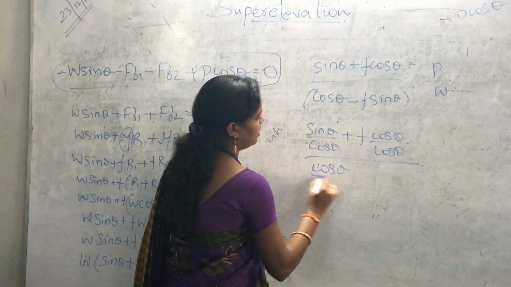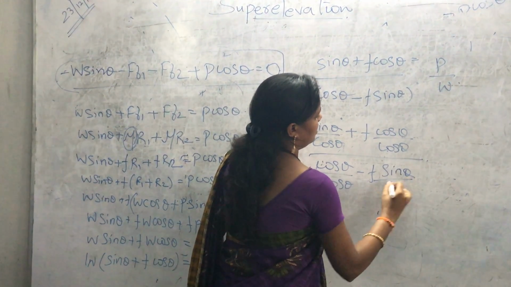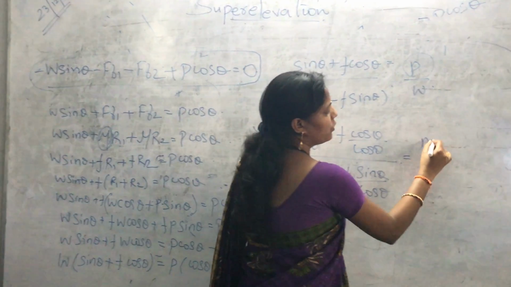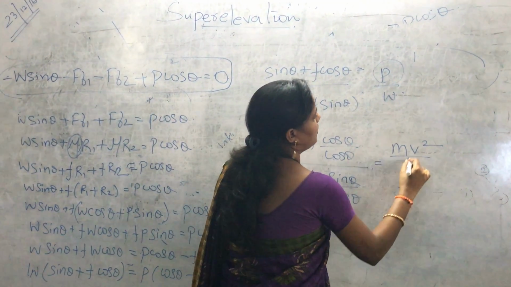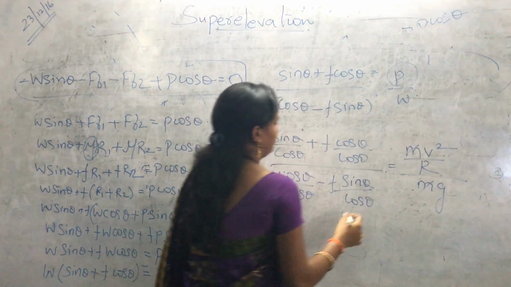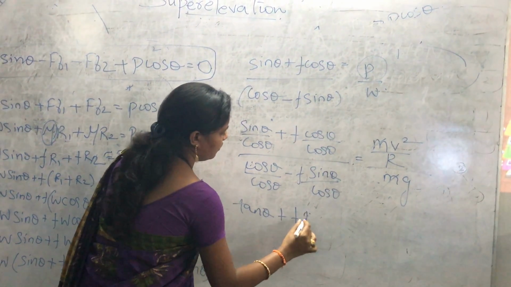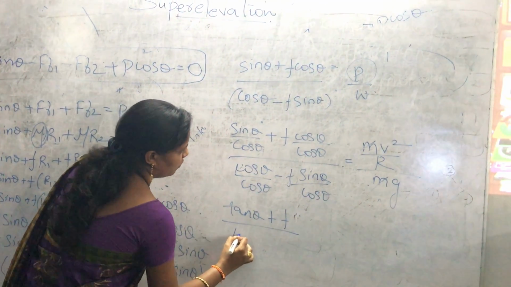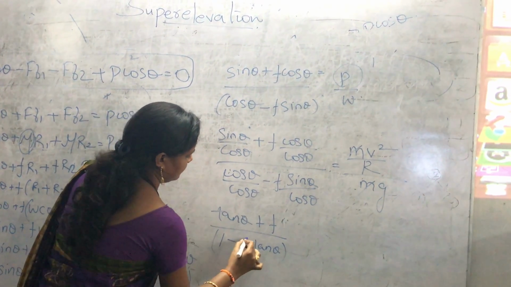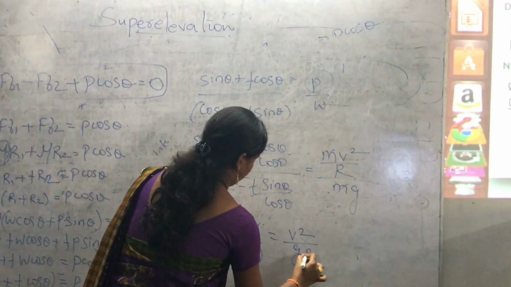Divide by cos theta, and divide by cos theta minus f sin theta, divide by cos theta, which is equal to P by W. P is nothing but the centrifugal force, which is mv square divided by r, and W is nothing but the weight, which is mg. So tan theta, which is nothing but the superelevation, plus f divided by 1 minus f tan theta, is equal to v square divided by g r.